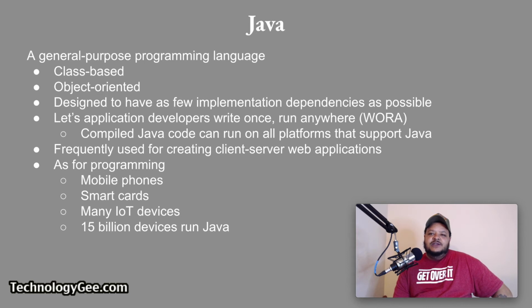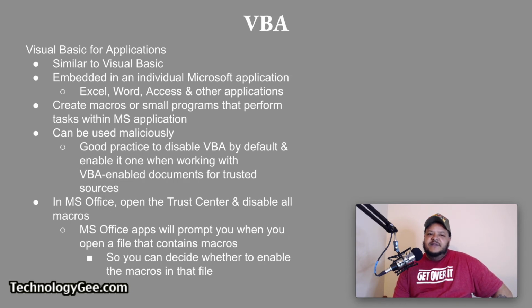Java is frequently used for creating client-server web applications as well as for programming mobile phones, smart cards, and many Internet of Things devices or IoT devices. According to the Java website, over 15 billion devices run Java. Next, we have VBA.